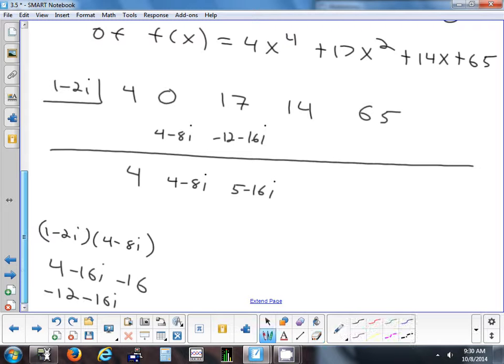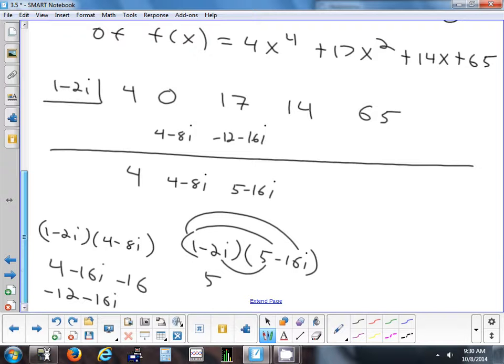All right, and now we're going to multiply 1 minus 2i times 5 minus 16i. On a test, I probably wouldn't even give you one that had 5 columns in it, maybe at most 4. So you're not going to have to do as many distributive properties. So 1 times 5, we're going to get negative 16 minus 10.